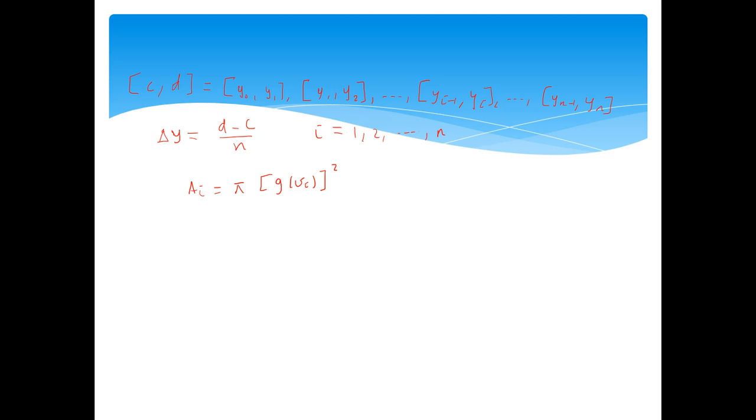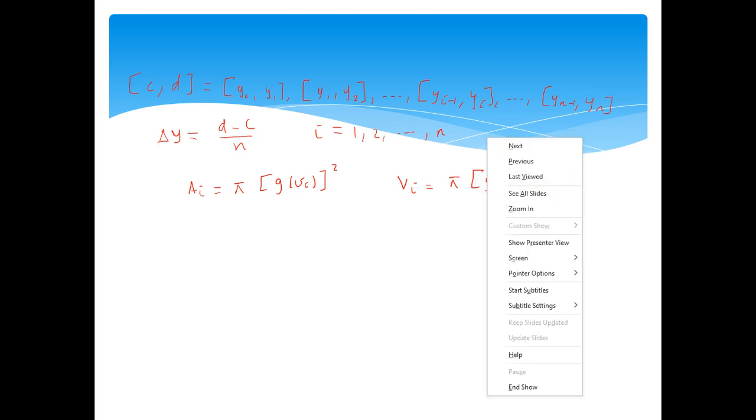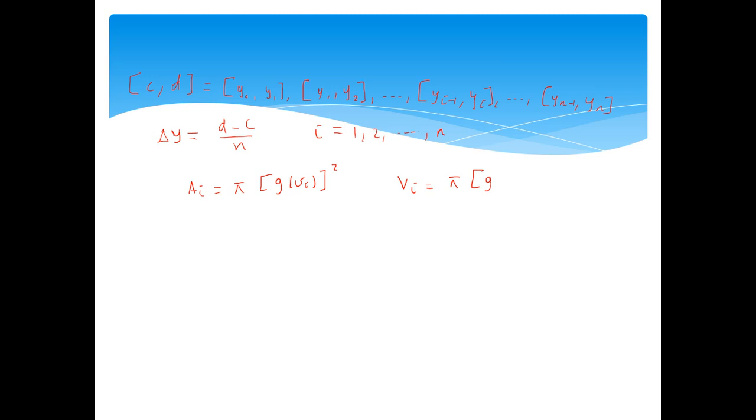And then the volume v sub i of the disk is going to be equal to pi times g of v sub i squared delta y.